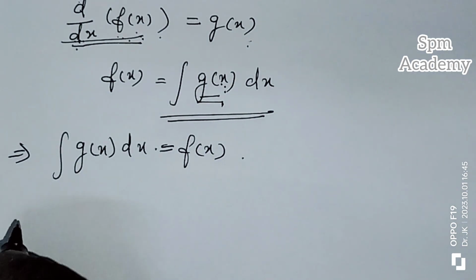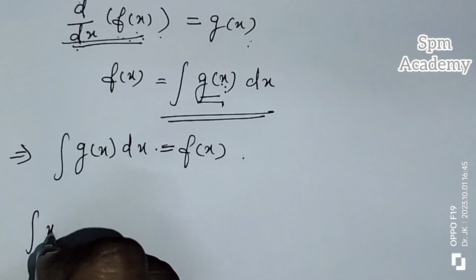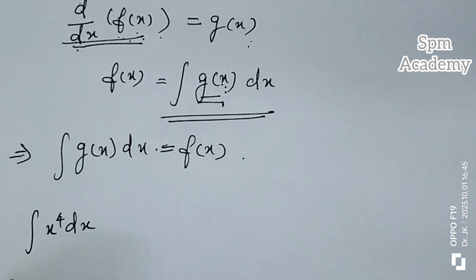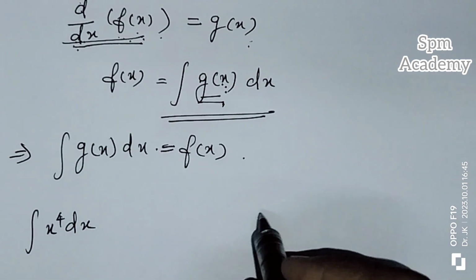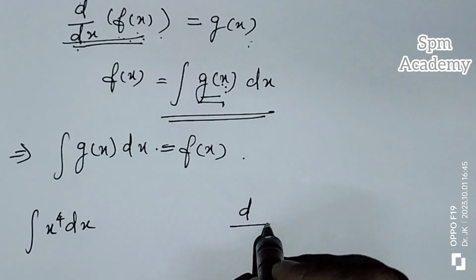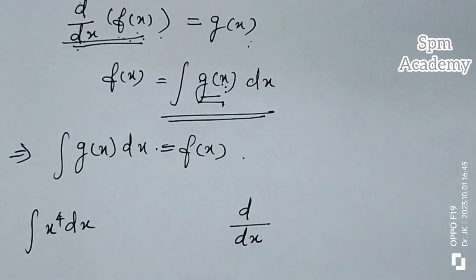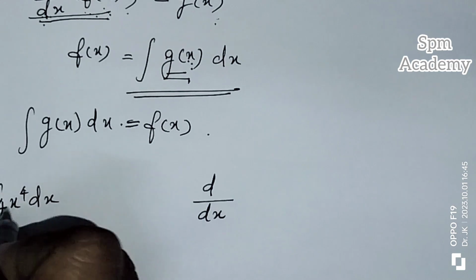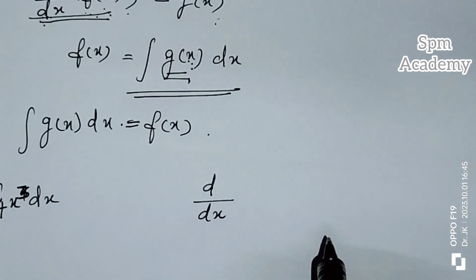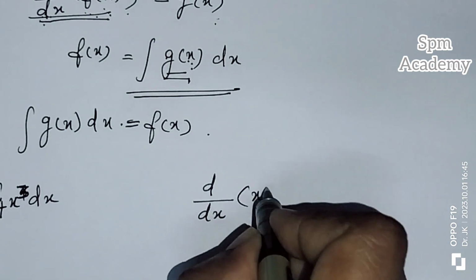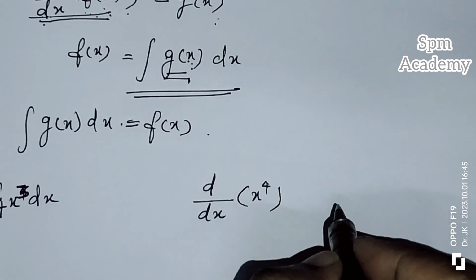For example, if you are taking integral of x power 4 into dx, what is it? Before that, what is d by dx of x power 4?